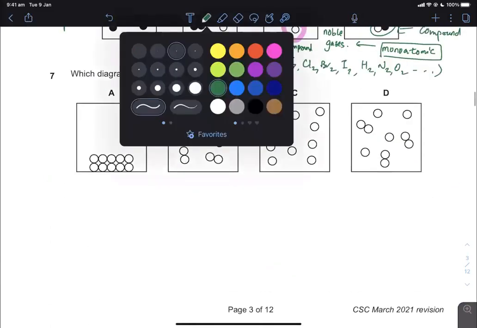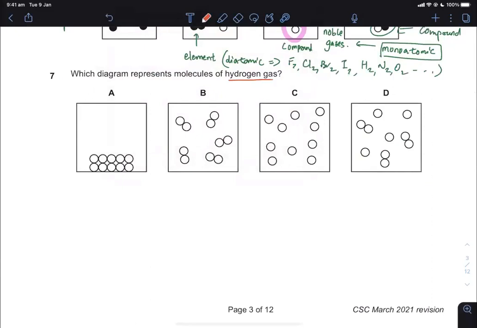Number 7 is basically related to what I said. Remember hydrogen gas? Hydrogen only has one electron in the outer shell. So not happy. It wants to form a covalent bond. It shares electrons. 2 electrons being shared is one covalent bond. And when you have 2 atoms bonded together, that is what you call a molecule. So this is atom. This is just atoms.